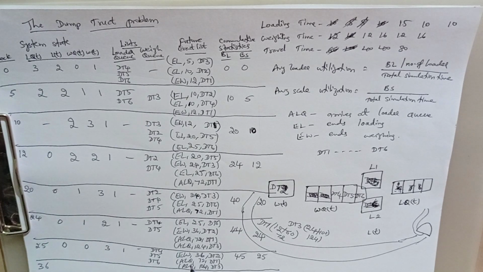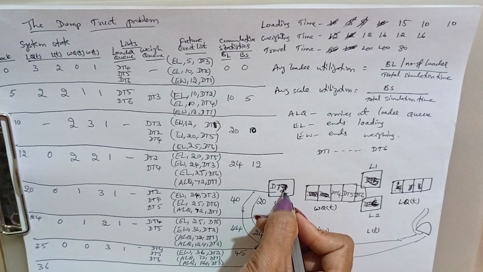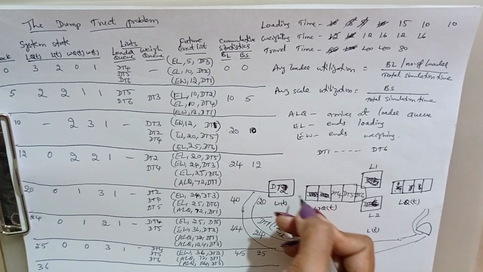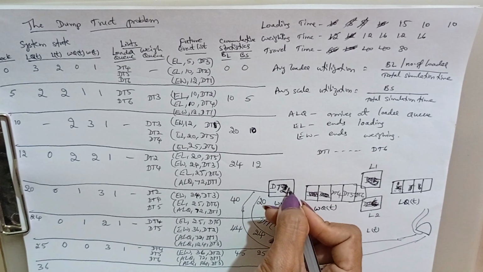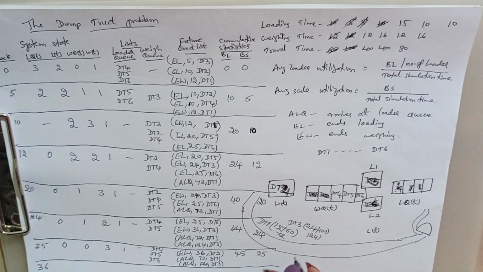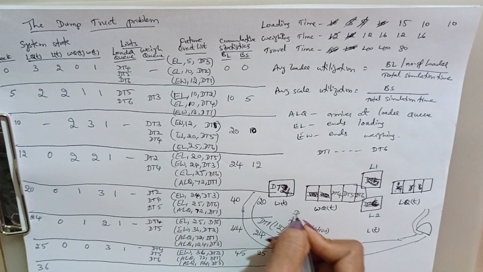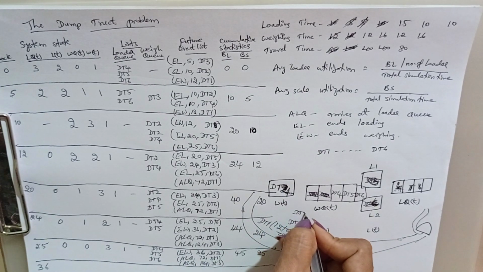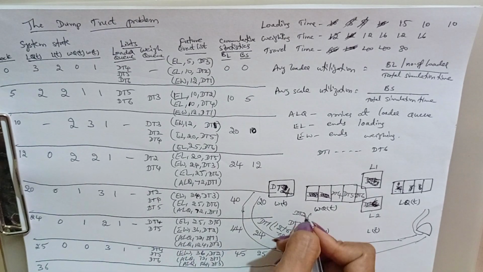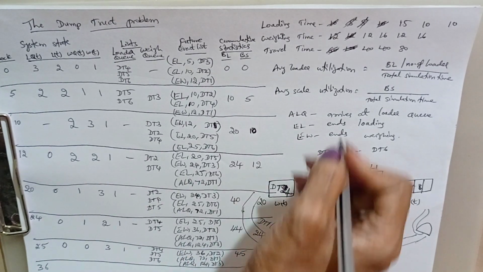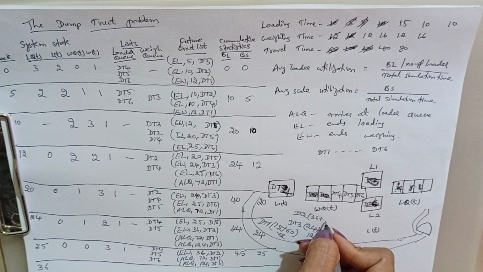At 36 what is happening is weighing completing. That is truck 2 completes weighing. So it will give weighing for truck 4. Weighing completes means it will go for travel. That is truck 2 goes for travel, that is starting time is 36 plus next traveling time is 40.